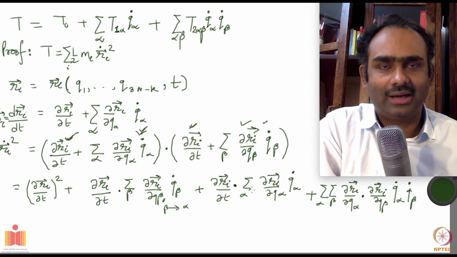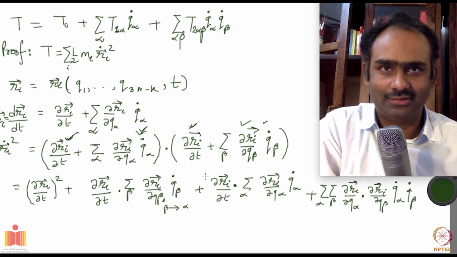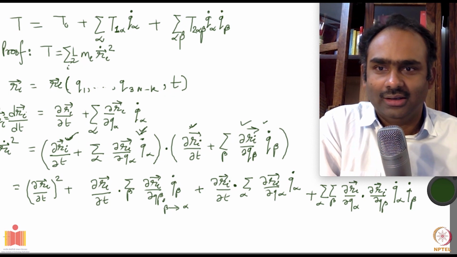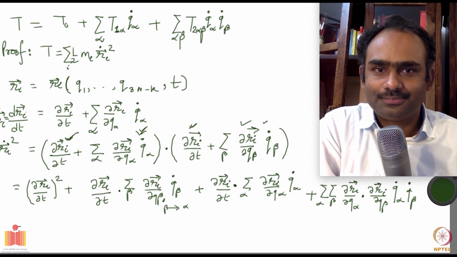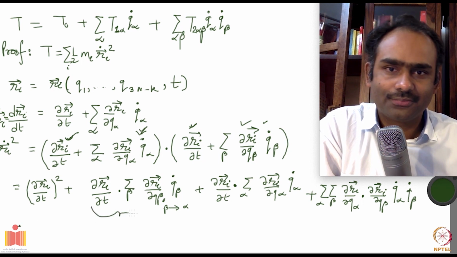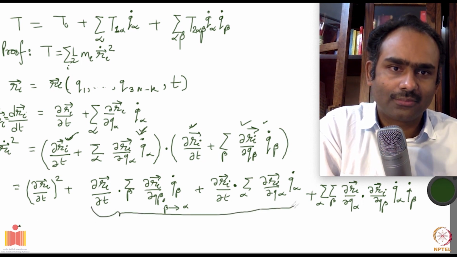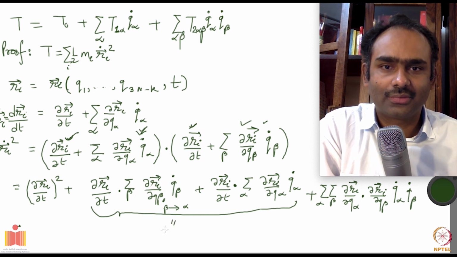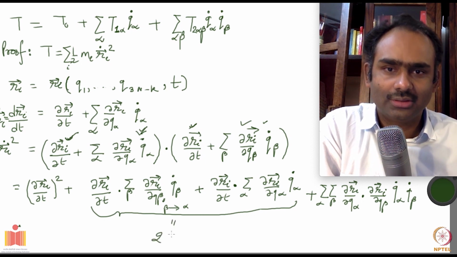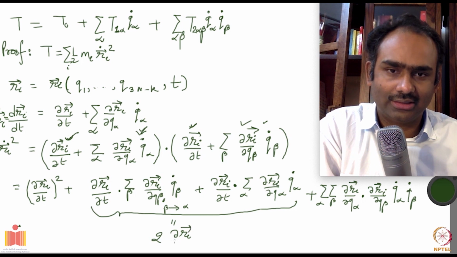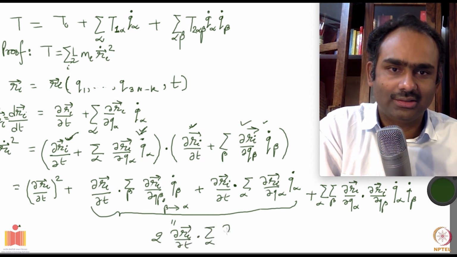Then these two become identical and the sum will have a factor of 2, so these two together become 2 delta Ri over delta t dot summation over alpha delta Ri over delta q alpha, dot.